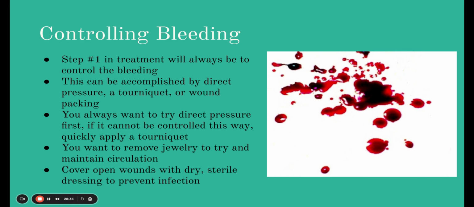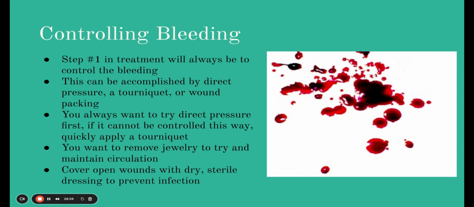You're constantly checking for PMS, and you don't want to have anything that's going to impair that. So preferably get the jewelry off as quickly as you can, because once swelling begins to set in, it can be a lot more difficult to remove that jewelry.